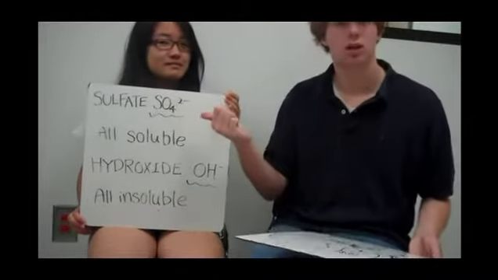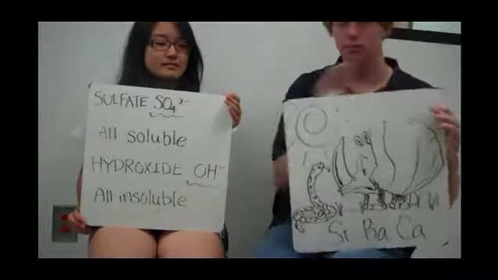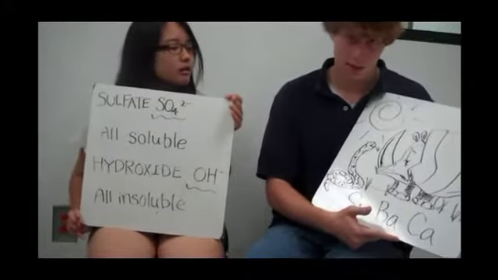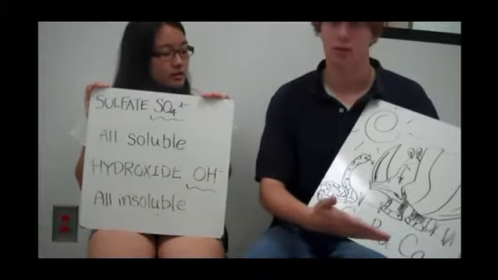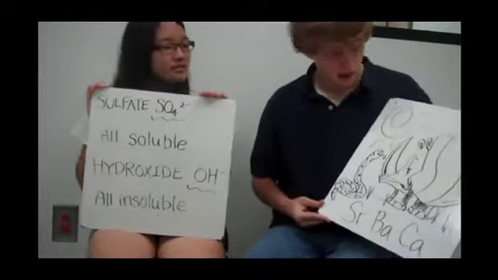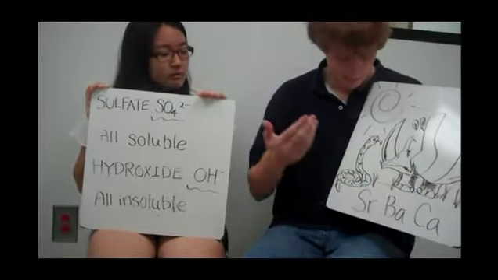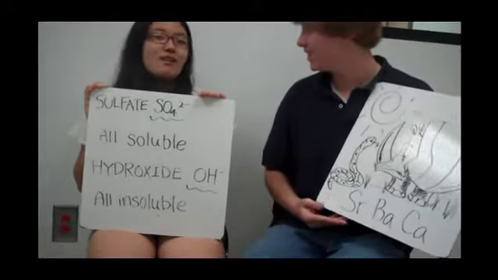As far as sulfates go, all of them are soluble except for strontium, barium, and calcium. And all hydroxides are insoluble except for the same three elements. What's this drawing then? This drawing is strong rhinos battle against clever anacondas.